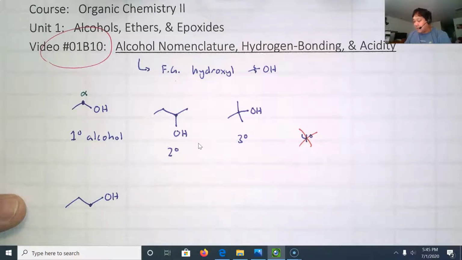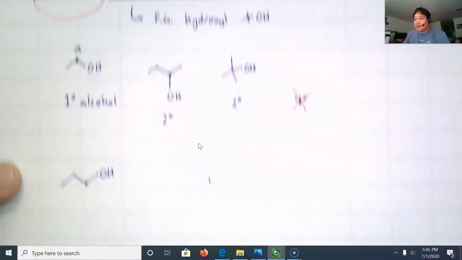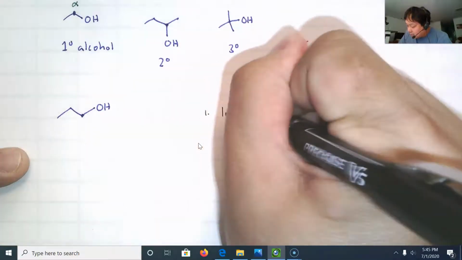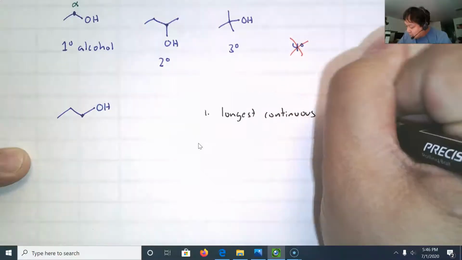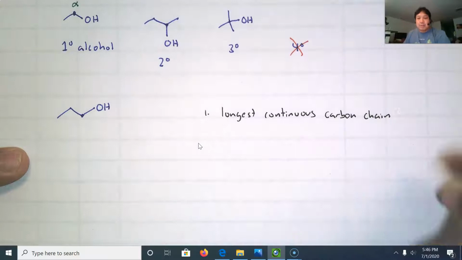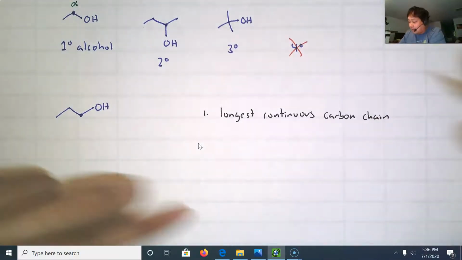You know that when you have an organic molecule, the first thing you want to do is identify the longest continuous carbon chain. But it's important for alcohols that you include the alpha carbon.